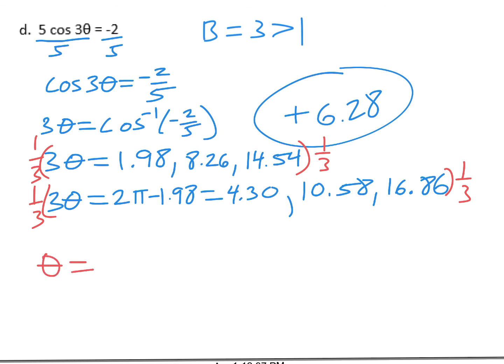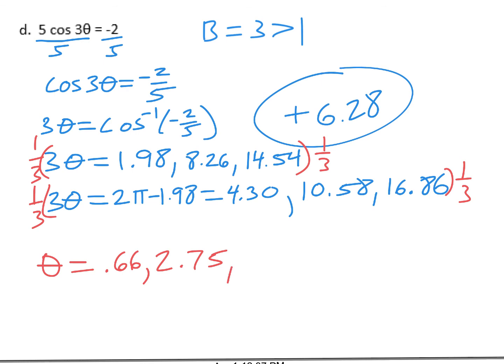So if you multiply by a third, really what's going on here is each of these 6 numbers needs to be divided by 3. That's all we've got to do. 1.98 divided by 3 would give you 0.66. 8.26 divided by 3 is 2.75. I'm not worried about having them in number order.